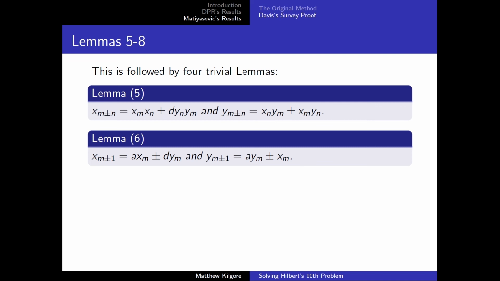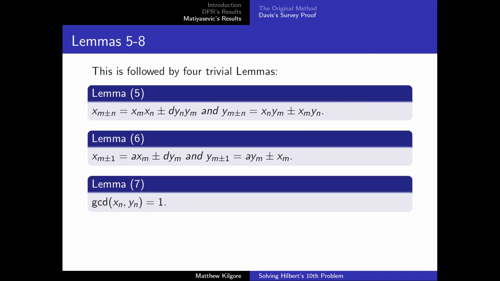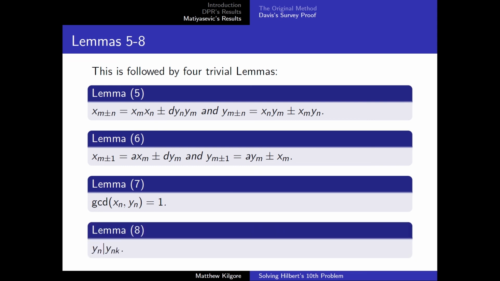Lemma 6 is just that, restricted to n equals 1 and simplified: x_(m plus or minus 1) equals a x_m plus or minus d y_m, and y_(m plus or minus 1) equals a y_m plus or minus x_m. Lemma 7 is even simpler. It states that x_n and y_n are relatively prime, and lemma 8 states that y_n divides y_(nk) for k positive.